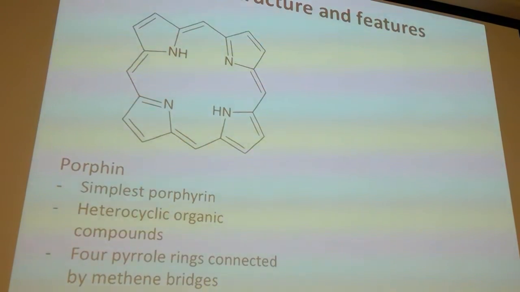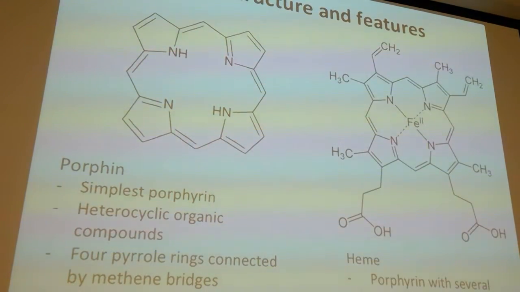Okay? And when we look at heme, we can see this very similar structure to this porphin. We see again these 4 pyrrole rings containing these nitrogens, as well as these methane bridges joining them all together. And then we see some unique things about heme relative to porphin.